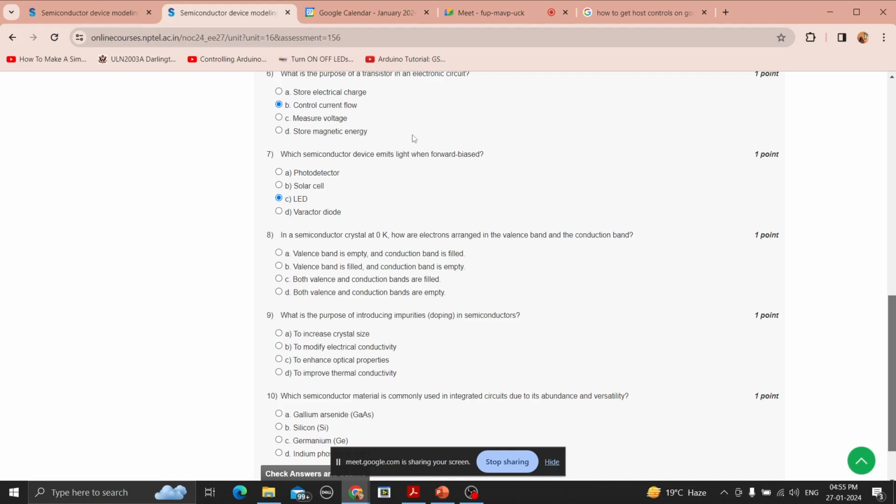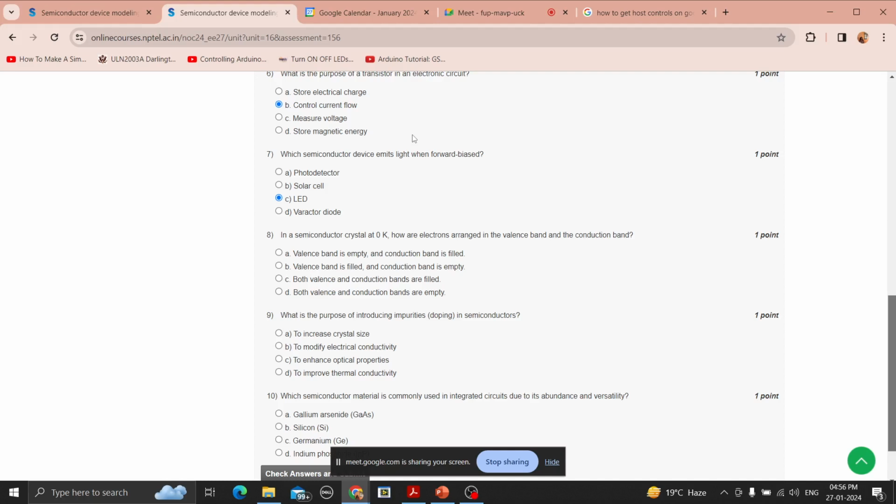Suppose we want a blue LED. The wavelength will have a relation with the band gap. I think the relation is something like: band gap in electron volts equals 1.24 divided by wavelength in micrometers, or 1240 divided by wavelength in nanometers. I can't remember it properly, but the expression is something like that.